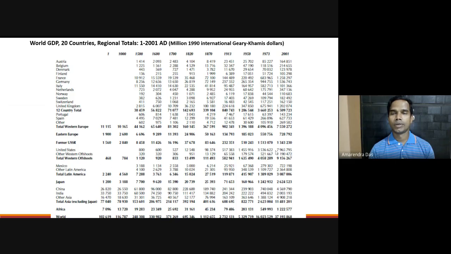And the present world GDP is about 90 trillion US dollars. So that's how the world GDP has increased over time, and India's share has changed over this time period.